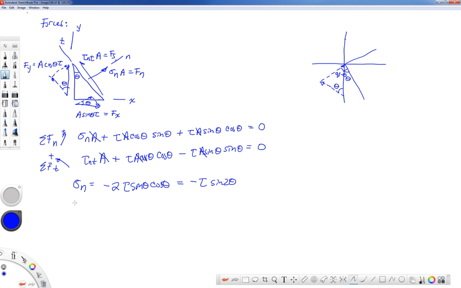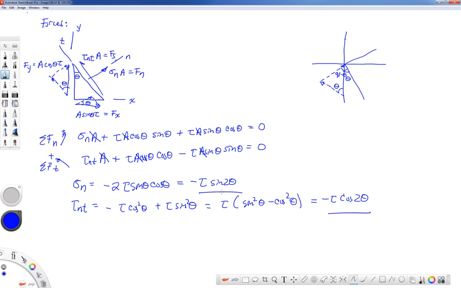And tau nt is equal to, bring these to the other side, we have a minus tau cosine squared theta plus a tau sine squared theta. And we're going to rewrite that then. If we factor out a tau, we're going to have sine squared theta minus cosine squared theta. We can rewrite that as minus tau cosine 2 theta.